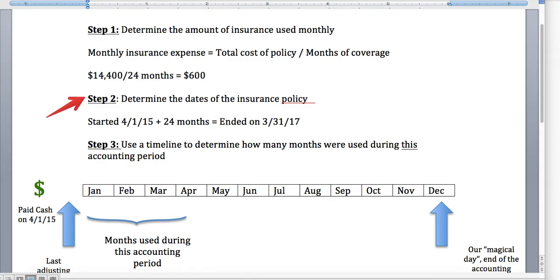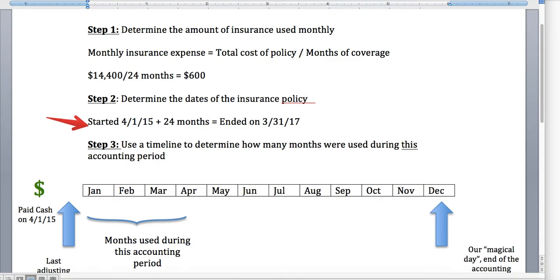Step 2 says determine the dates of the insurance policy. So they tell us that it's 24 months, but we need to figure out, okay, what exact dates does that cover? Okay, so we know that the policy started on April 1st, 2015. And they also tell us that the total policy was for 24 months.